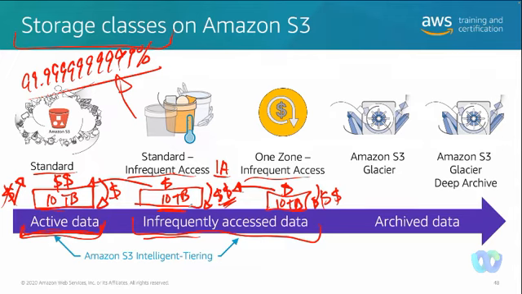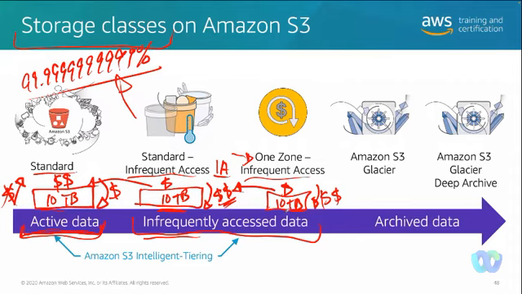Well, quite simple. As the name implies, that data does not get replicated across multiple availability zones. You still have more than one copy across several data centers, but it's all part of the same availability zone, the same AZ. So that's why it's one zone infrequent access. That's why it costs you less.